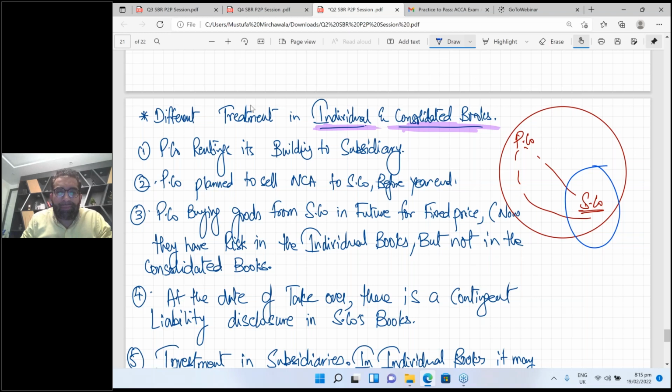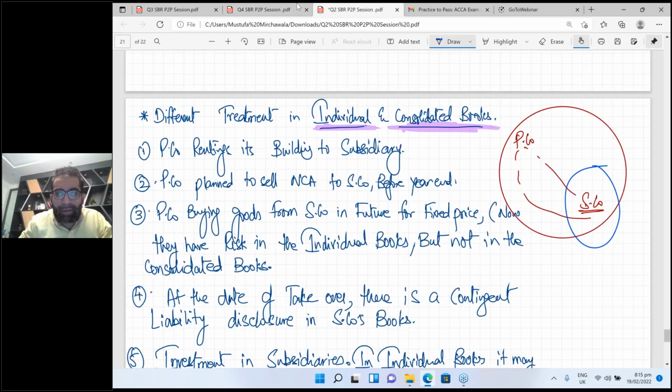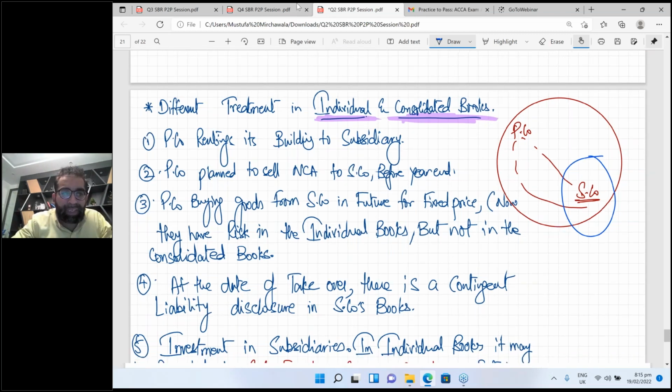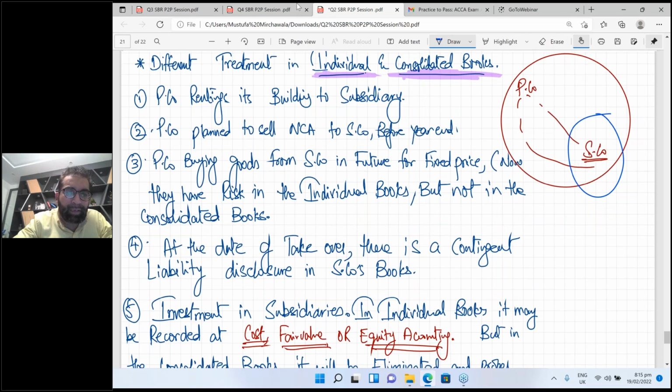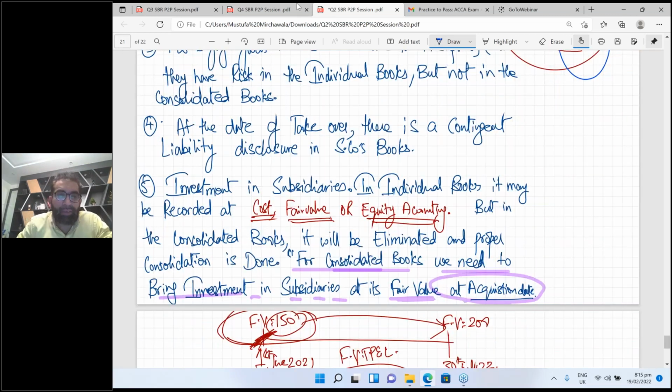If the fair value of that liability is available, right? Now the next thing, this is something non-routine for some students, but still you must know.